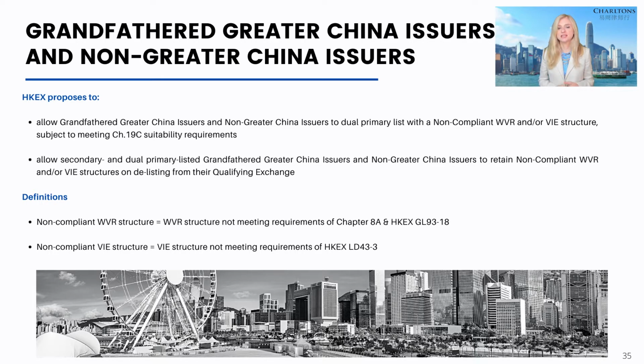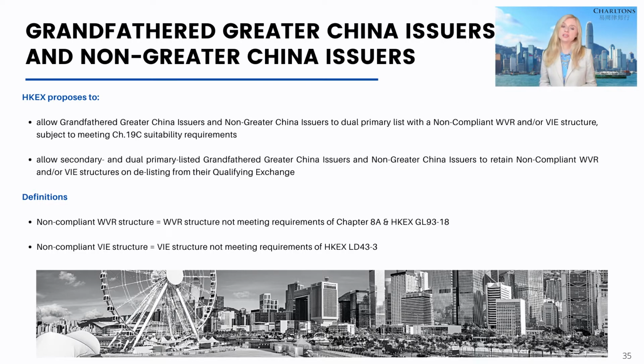The listing rules and related guidance materials don't currently provide guidance on whether grandfathered Greater China issuers and non-Greater China issuers, which are secondary listed under Chapter 19C, can retain their non-compliant weighted voting rights and/or VIE structures if they delist from the qualifying exchange of their primary listing.